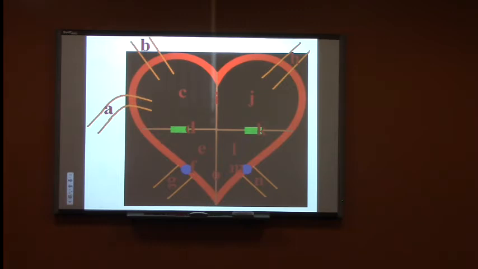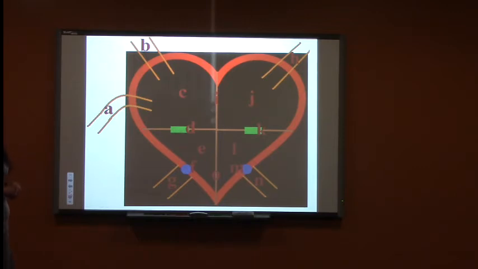What is E? Wait, what was D? D is tricuspid. Okay. E? Right ventricle. F? Semilunar valve. Which one? Pulmonary semilunar valve. G? Pulmonary trunk.